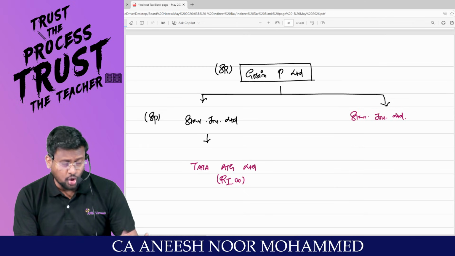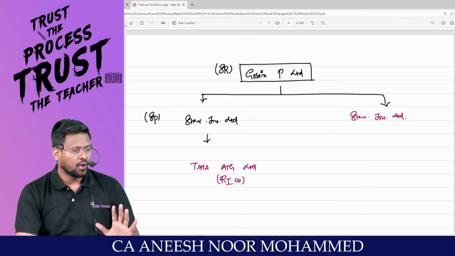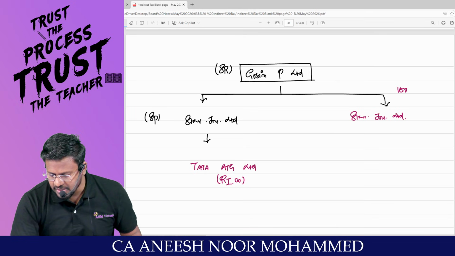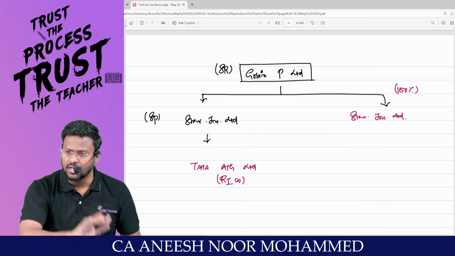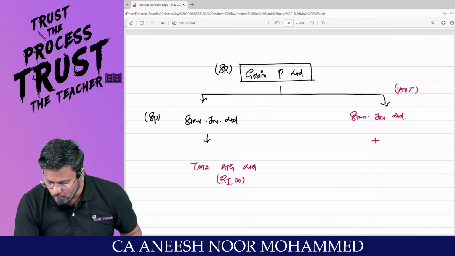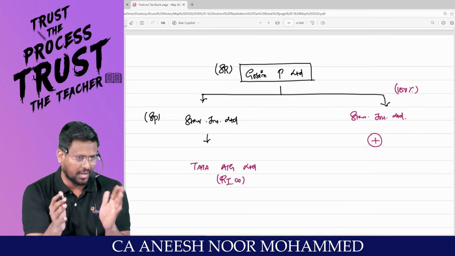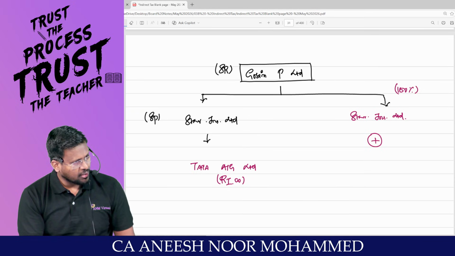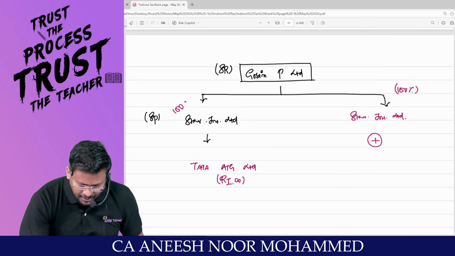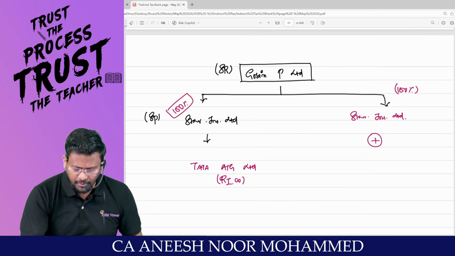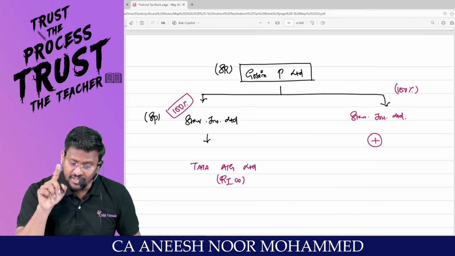Star Insurance thought that I can't provide 100% of the insurance services to Gopin Private Limited. So I am going to add one more person as co-insurer.